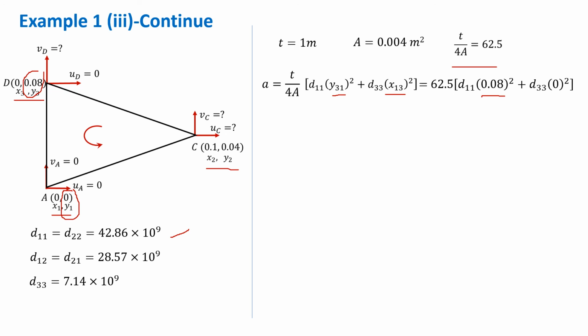While for x13, x1 is equal to 0 and x3 is also equal to 0. Therefore, x13 is equal to 0, and we can eliminate this term in this formula. And then we just need to substitute the value D11 into this equation. We can determine the value for term A, as shown in this slide.